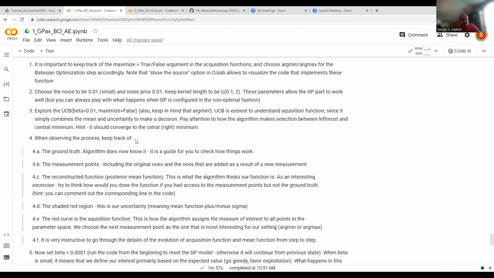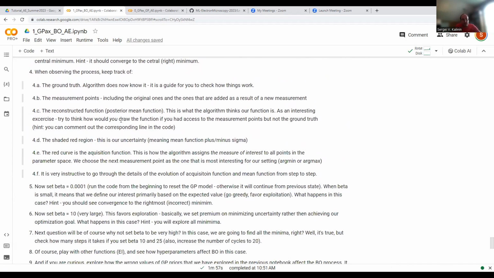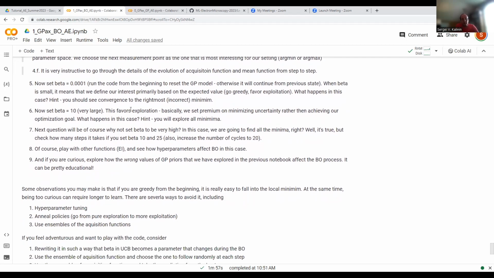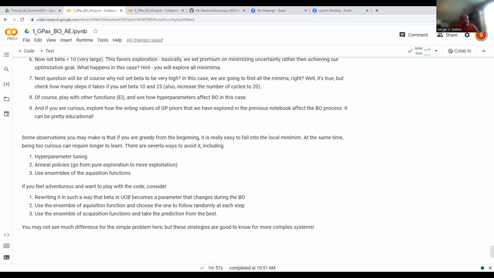And then there is a series of experiments you can try, with some explanation, in order to get a better feeling of how Bayesian optimization works, how the balance between exploration and exploitation works, and basically get the idea of how the algorithm behaves and what is the probability to get trapped in the wrong minima.